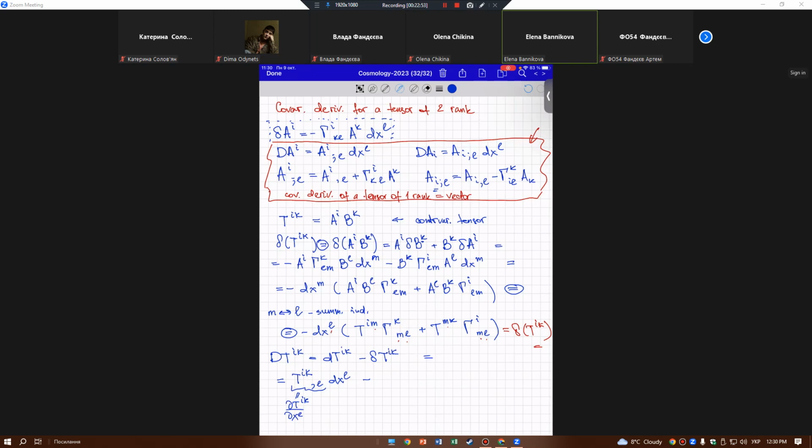Since it's minus, it will be plus: T^im gamma^k_ml plus T^mk gamma^i_ml, times dx^l.